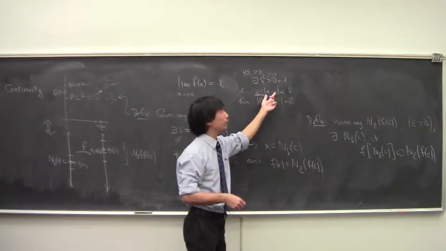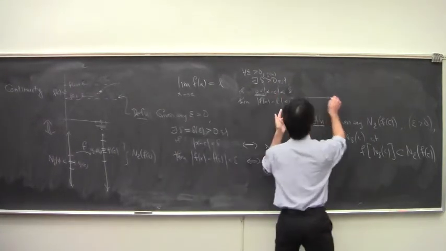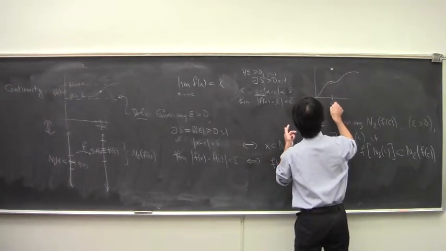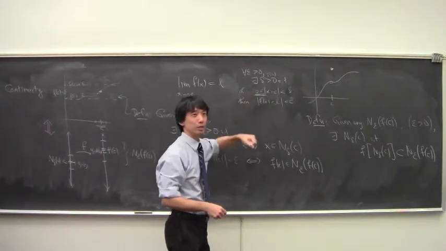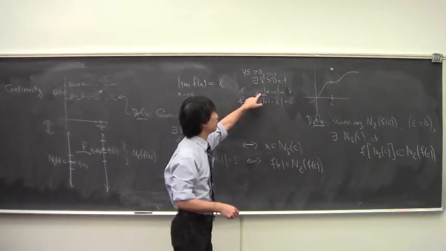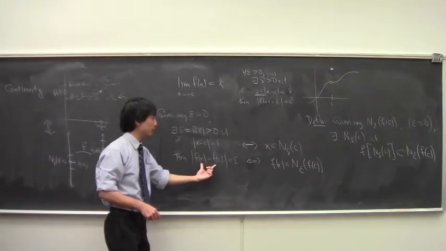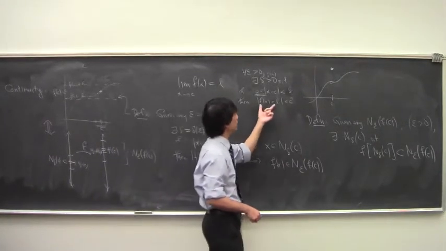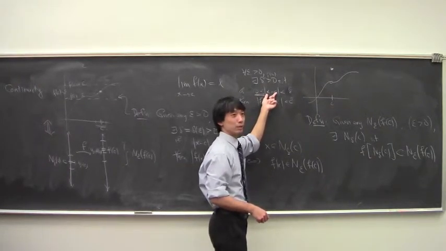We don't care about x equaling c, which corresponds to the fact that when you're talking about the limit, the value at c is not under your control. But here we're saying that this had better be true even when x is equal to c. So here, this is going to be true except at x equals c.